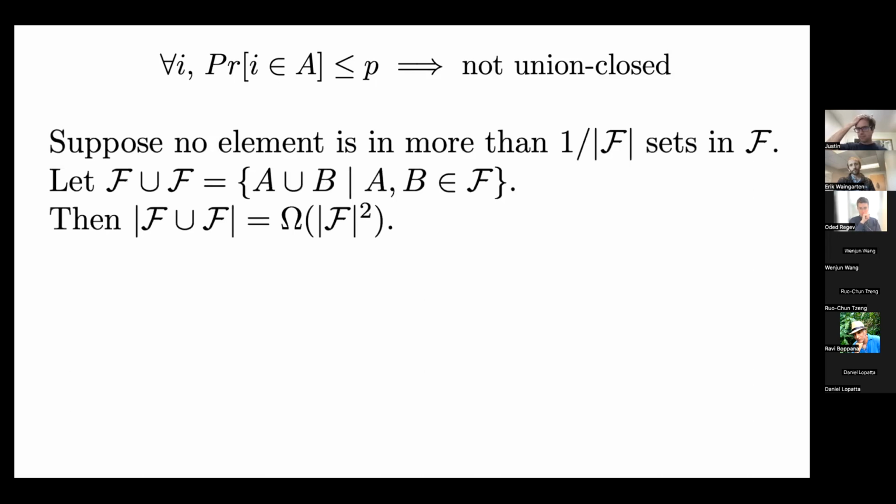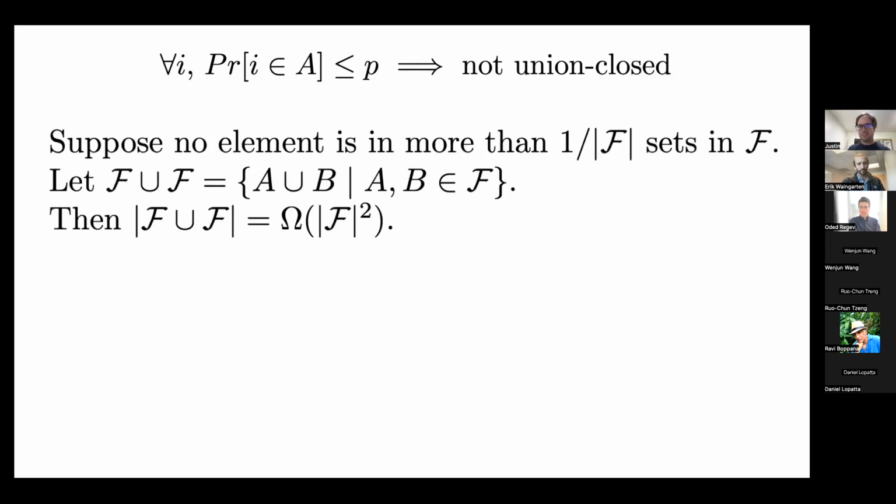Suppose, in the most extreme case, the smallest abundance is 1/size of F, meaning that there's another way of writing that every element is contained in at most one set in F. And if you consider such a family and look at the following construction, which I've written as F union F, this is not the normal union operation.